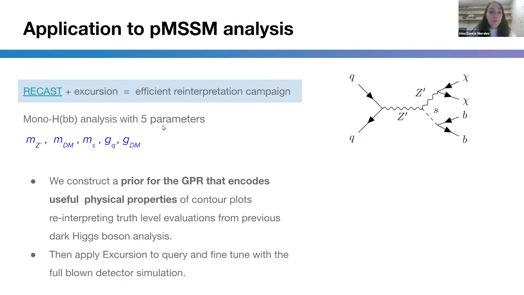We're going to use past analysis, the past evaluation at the truth level, to construct a prior that will have encoded physical properties of this analysis, like continuity, smoothness, and so on. And this reinterpreted analysis comes from a dark Higgs boson analysis. And then we will apply excursion on top of that by querying the full-blown detector simulation, and we'll only have to fine-tune with excursion there.